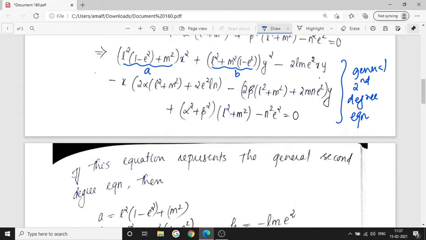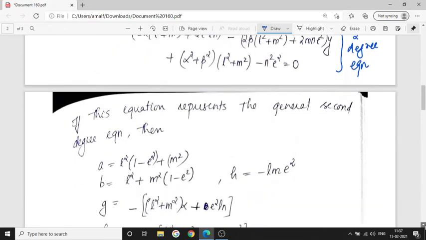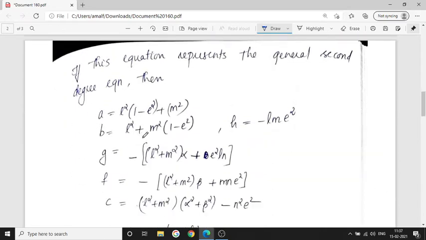Then for f, this is a term 2fy, so the value of f is minus beta (l square plus m square) plus mn e square. 2 is not there, just mn e square, and this is going to be the value of c. So we have a, b, h, then g, f and c.